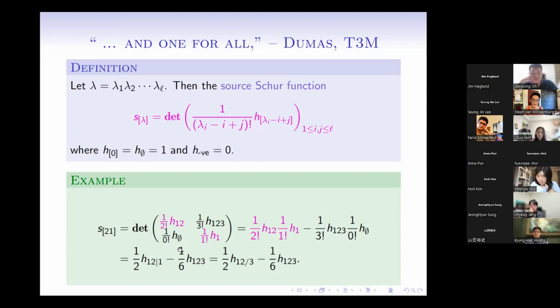So we're going to get 1 over 2 factorial h12 times 1 over 1 factorial h1 minus 1 over 3 factorial h123 times 1 over 0 factorial h empty. And we know from our product formula earlier that this is just a half h12 slash 1, which is a half h123, minus a sixth h123.